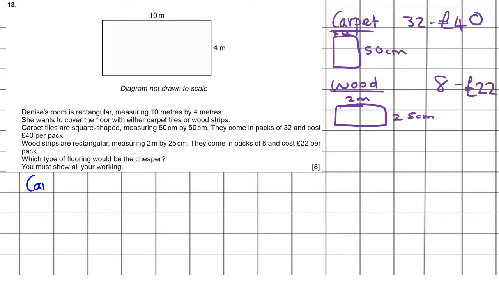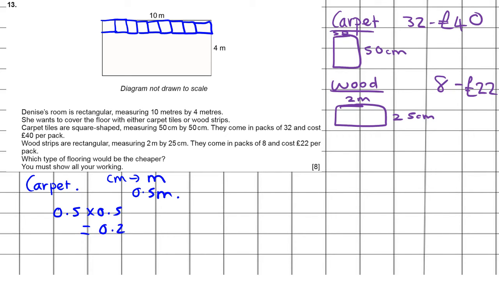So let's work out carpet. Let's convert 50 centimeters into meters. This would be 50 divided by 100, so that's 0.5 meters. How many tiles would fit? The area of a tile, 0.5 times 0.5, gives us 0.25 meters squared, and the area of the flooring is 40 meters squared.